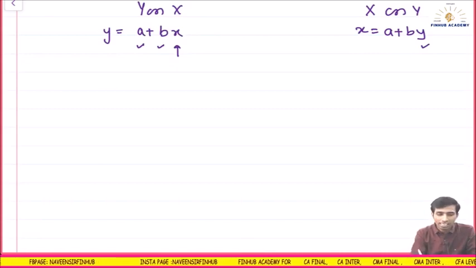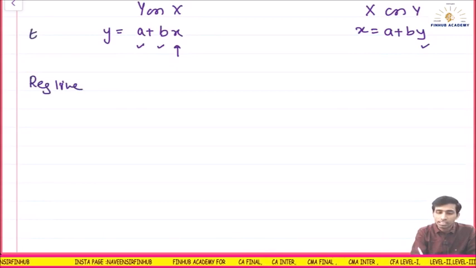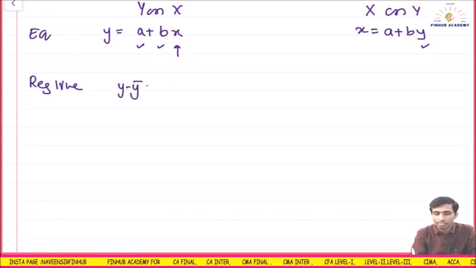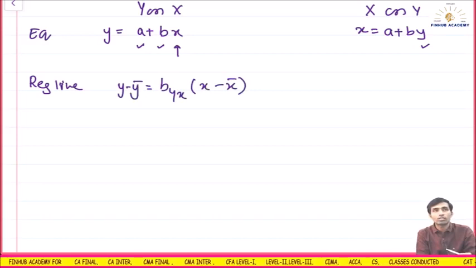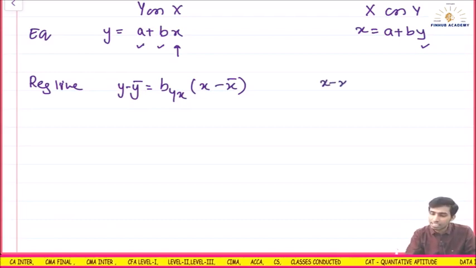Regression line, if I ask you, what is the equation? The regression line is y − ȳ = byx (x − x̄). Understood? Ultimately on the left hand side it is y, so it is the y on x equation. Same way, x − x̄ = bxy (y − ȳ), x on y.